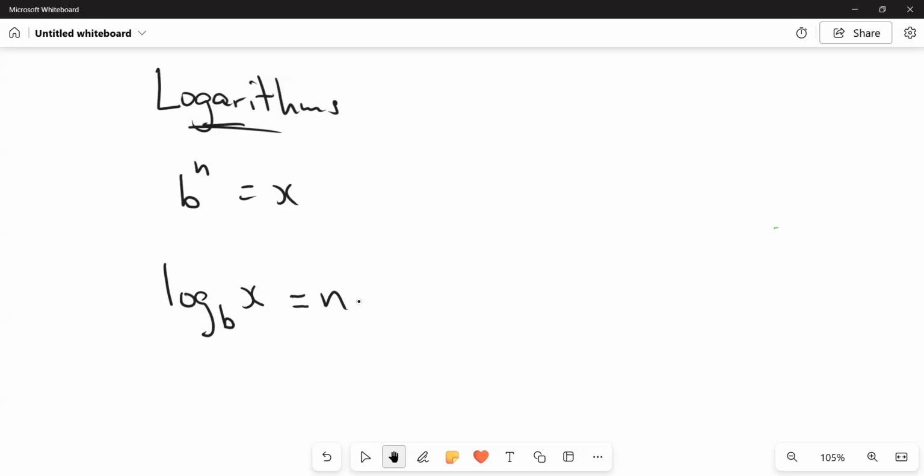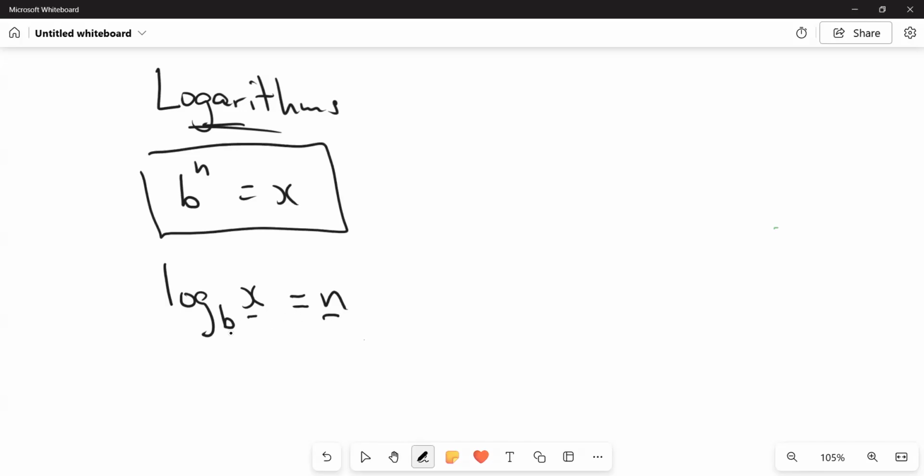Yeah, but back to this, right? You're used to saying it like this: b raised to the power n equal to x, right? In logarithms, you say the logarithm of x with a base of b is n, right? So again, logarithm is another way of highlighting the power of the number. The logarithm of x is n.